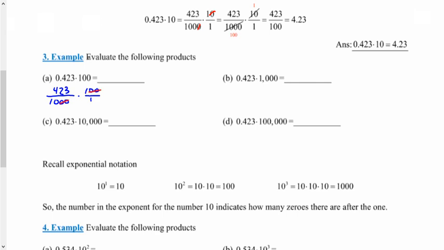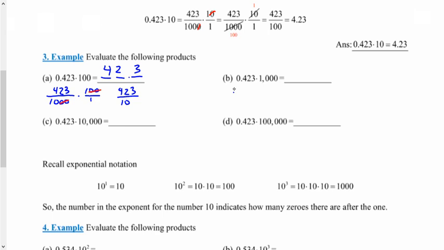And now I get 423 over 10. Now last time we talked about how if this is tenths, then we would need one place after the decimal so that it's tenths. And I can start filling this in, and I would say that this is 3, and this is 2, and then we just keep going. So we get 42.3. Okay, so 0.423 times 100 ends up being 42.3.